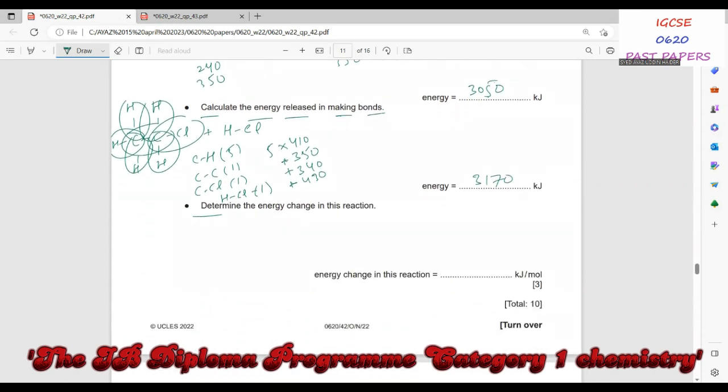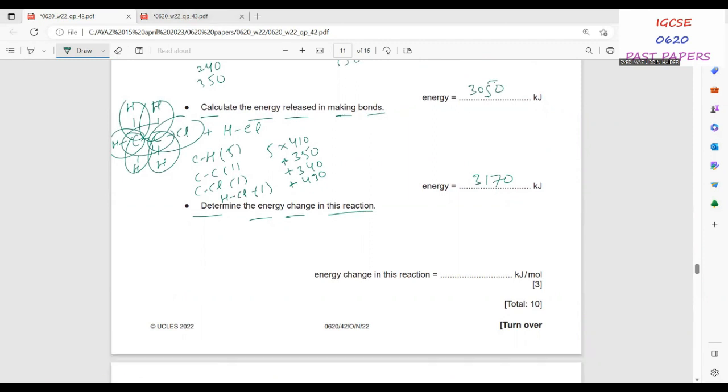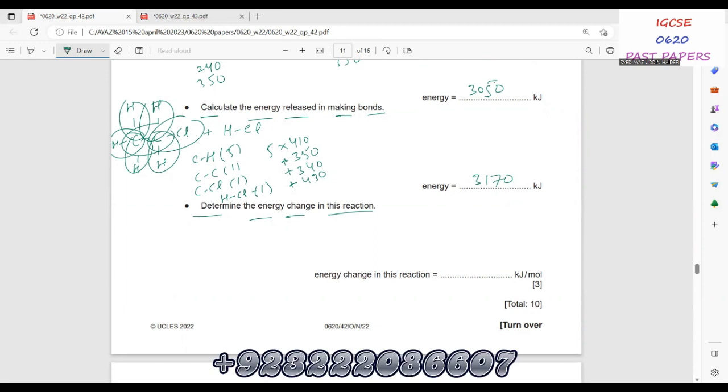Now, finally, determine the energy change in this reaction. We will subtract 3170 from 3050. The answer will be minus 120 kilojoules, because 3050 minus 3170.